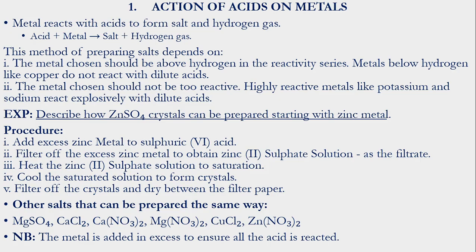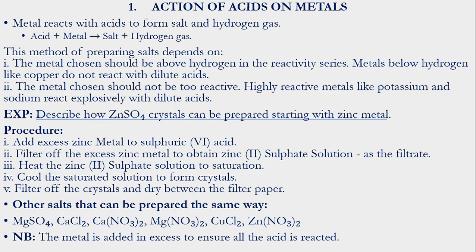We ensure we leave the solution to cool for some hours so that it forms larger crystals. Step number 5, we filter the crystals and then we dry them between filter papers. That is how we can obtain zinc sulfate as crystals.